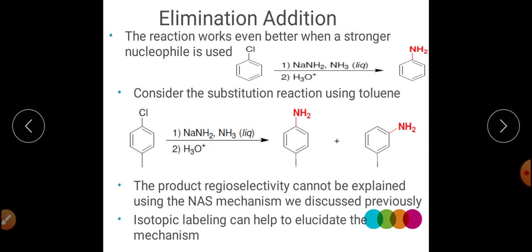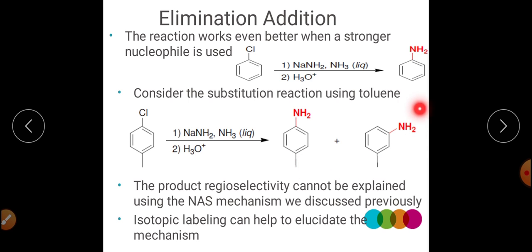If we are particularly talking about the benzyne mechanism, that is the elimination addition mechanism, this is the case in which we have used sodamide in the presence of liquid ammonia followed by hydrolysis. In this case, the mechanism will be the elimination addition mechanism.